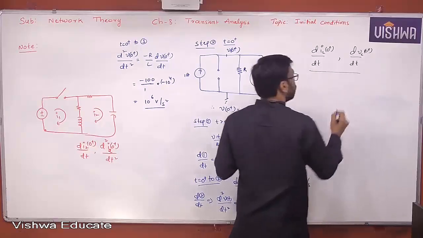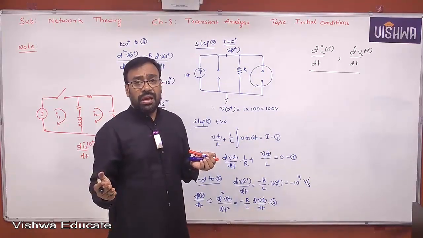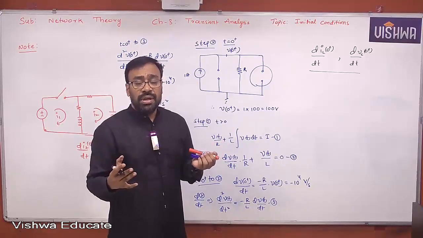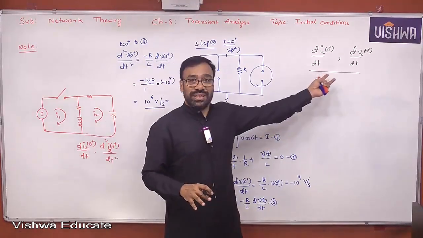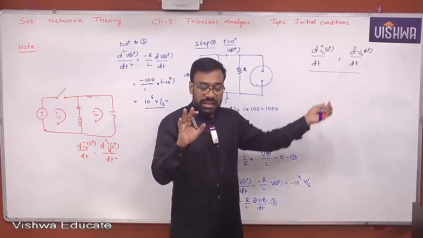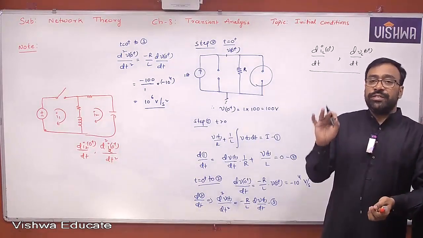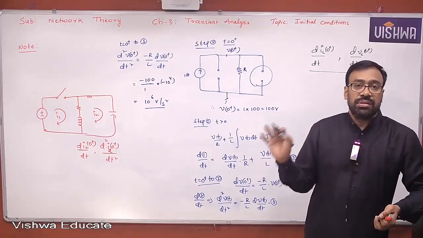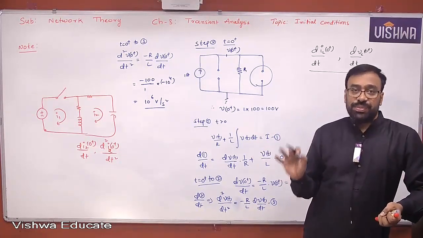For these two terms, without taking too much time to obtain the differential equation, you can easily determine only these two quantities. I hope you understand. In the exam so far, it is asked only the first order derivative terms, either dIL of 0 plus by dt or dVc of 0 plus by dt.